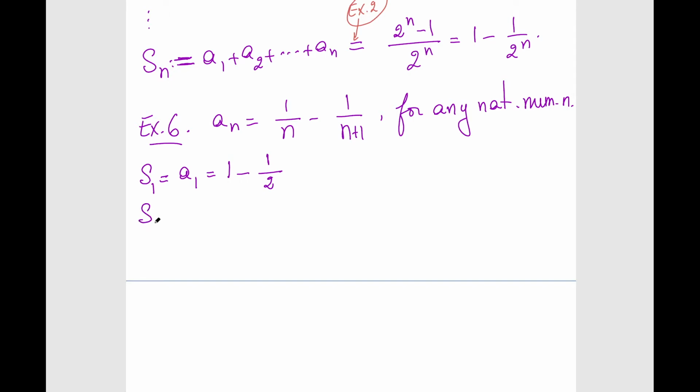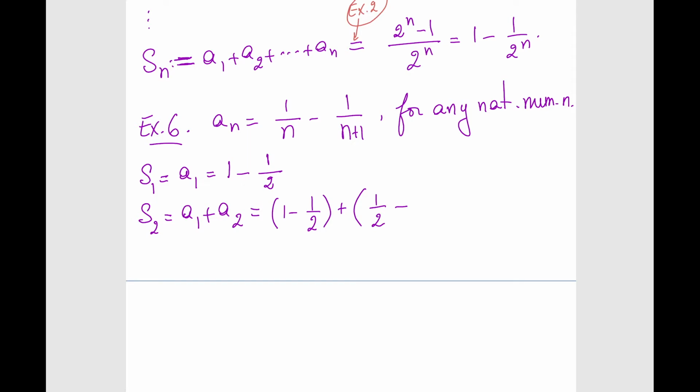S2. What's S2? It's the sum of the first 2 terms. So it's A1 plus A2. And what's that? Well, A1 is that thing we just found, 1 over 1 minus 1 half, plus A2, the second term. The second term is 1 half minus 1 over, now n is 2, right?